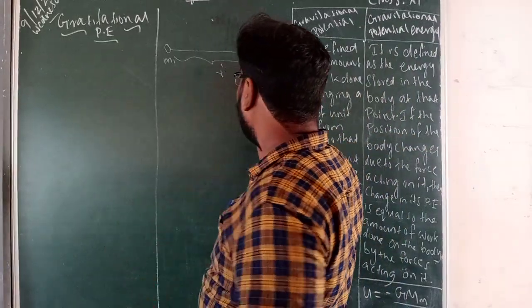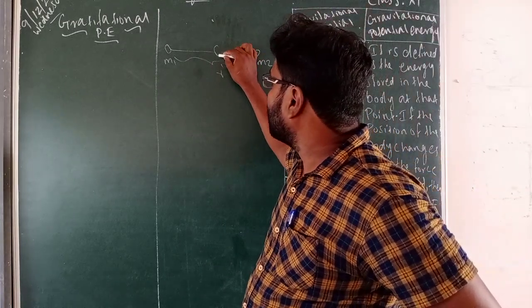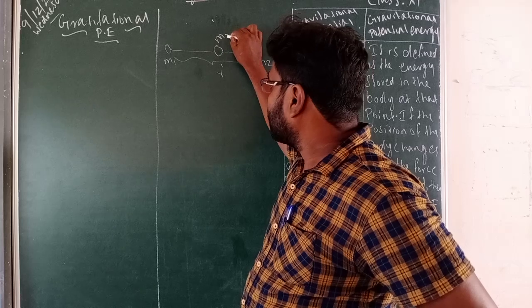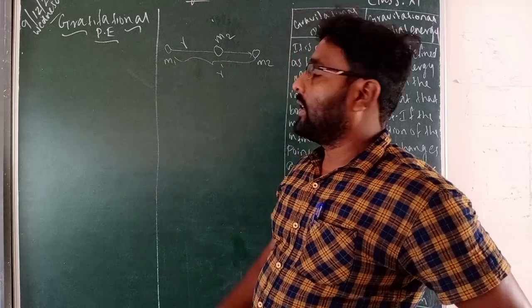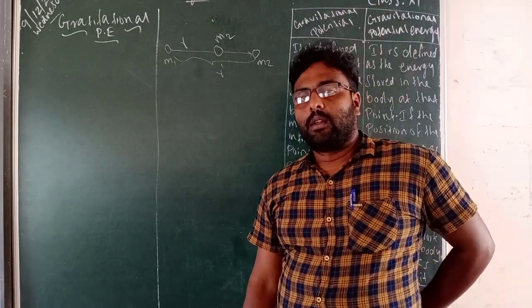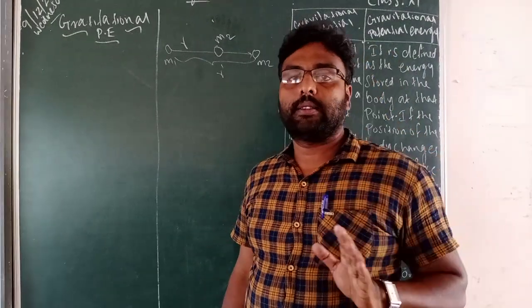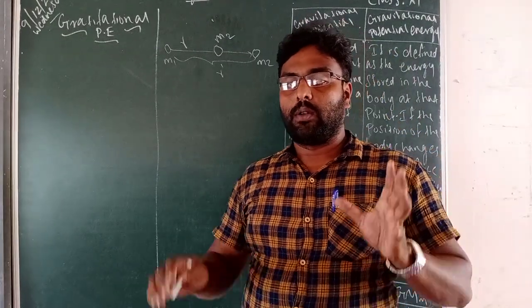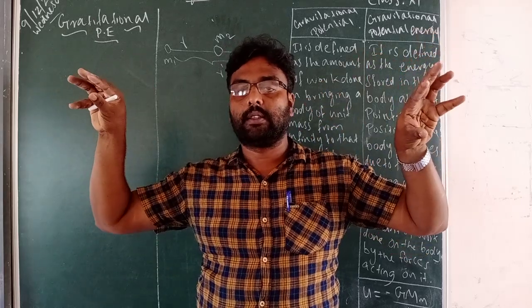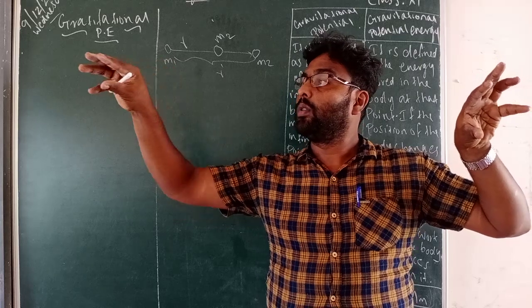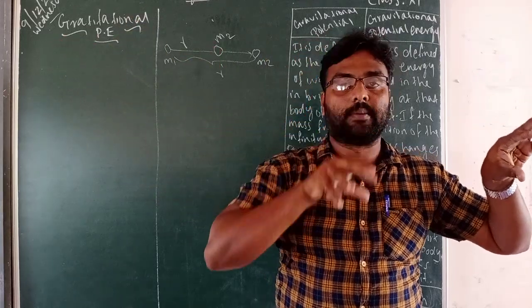Now we are bringing this mass M2 to the position here at distance R. But M1 is not moving; M1 is stable in the same position. So, two masses M1 and M2 are kept at a distance R dash, and you are bringing this M2 to a distance R.